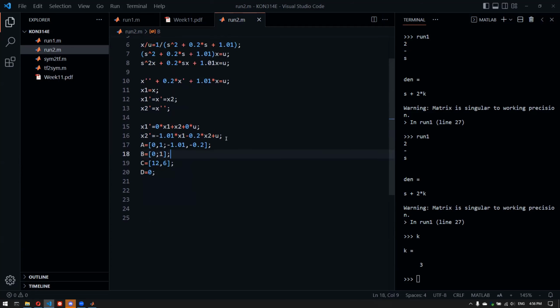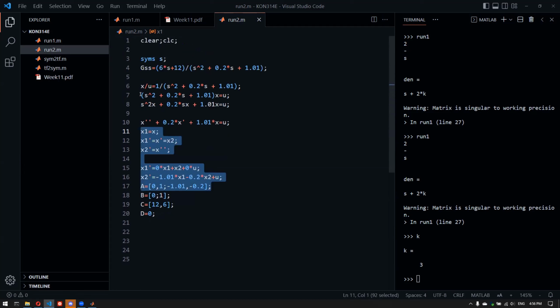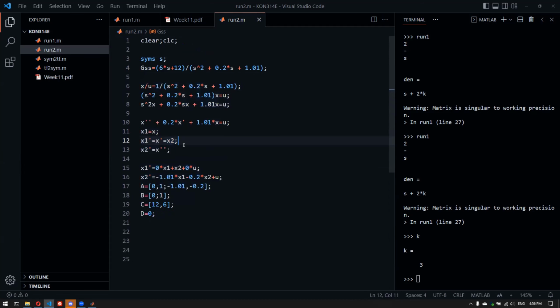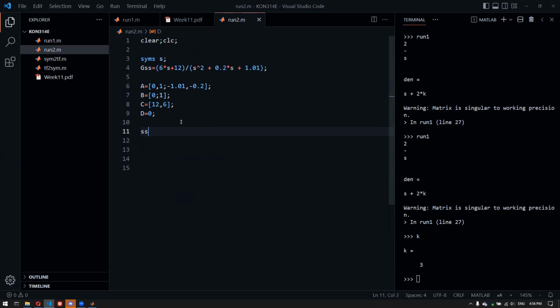Now, once you're done with this, you can just get rid of everything here, except A, of course, like this. Define it as SS, A, B, C, and D, and then convert it into TF.